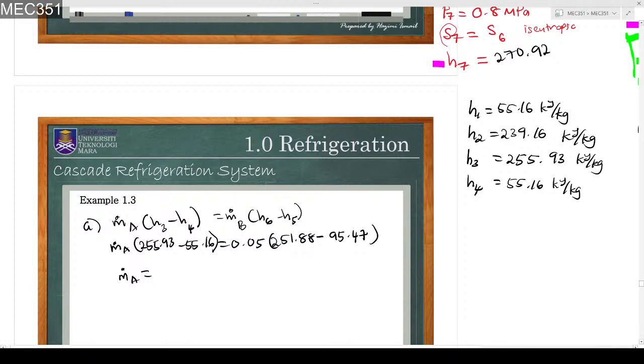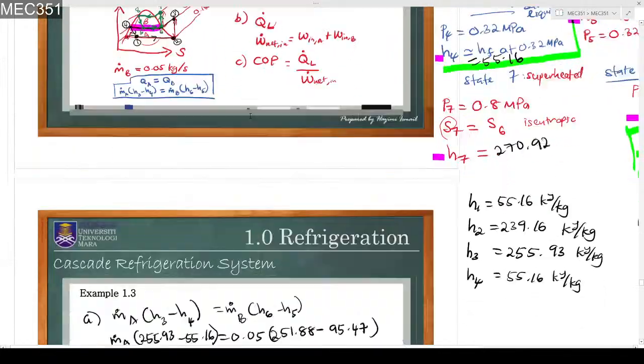And then you will get 0.039 kilogram per second. So this is the answer for question A.